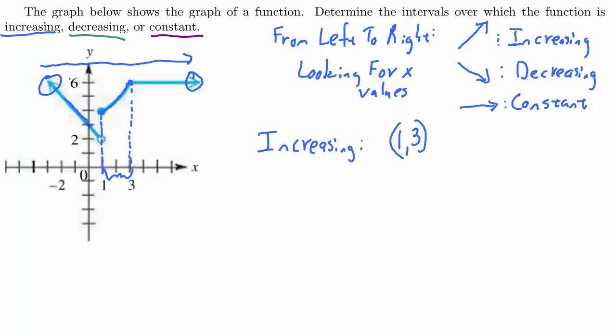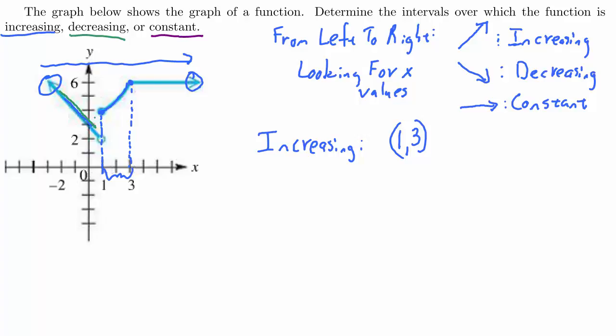Now let's look at the decreasing. It's the same idea. We're going left to right just like this, but notice that this time if we're going down like we are here, that's actually decreasing. This was increasing and this is neither increasing nor decreasing, which means it's constant.